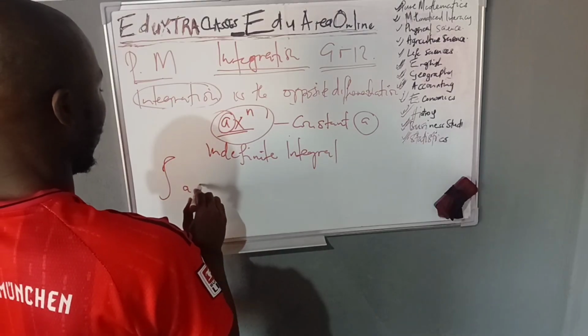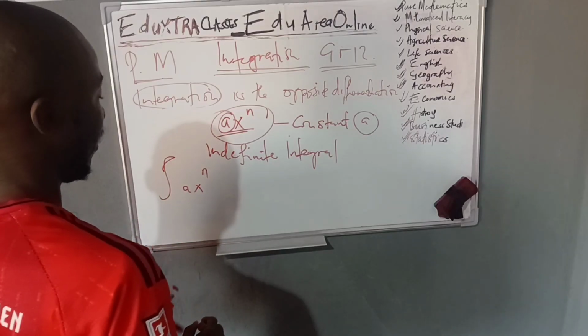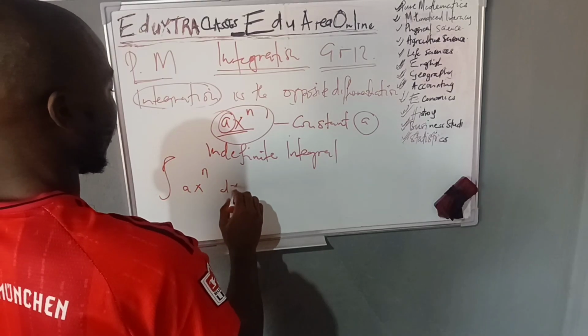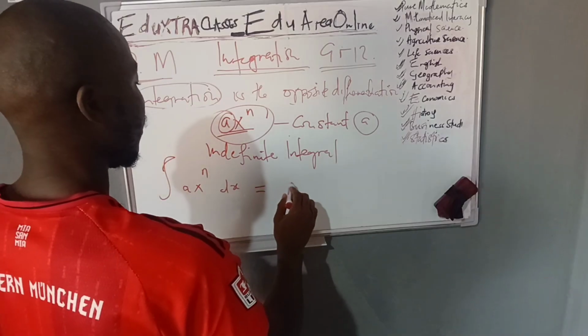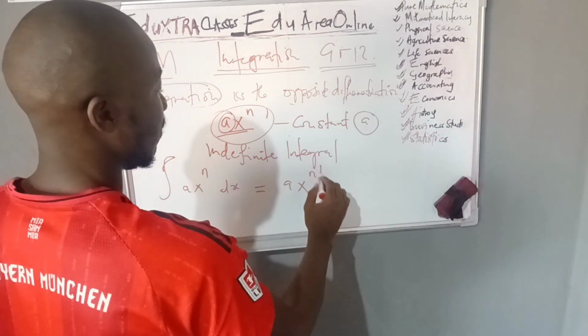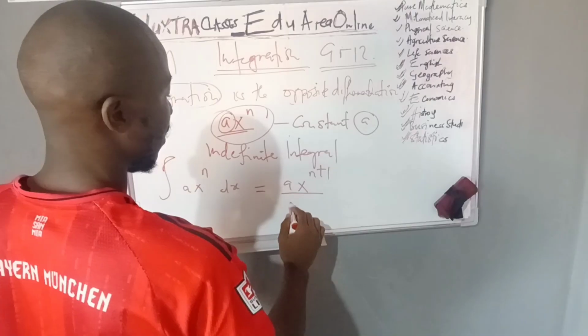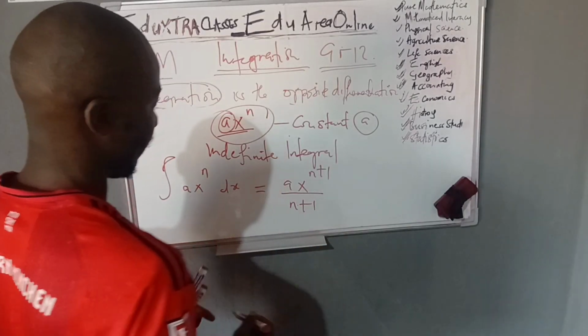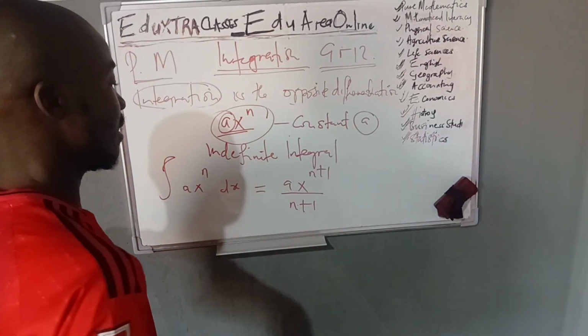So we say the integral of a x to the power n dx must be equal to a x to the power n plus 1 over n plus 1. So what does this mean?